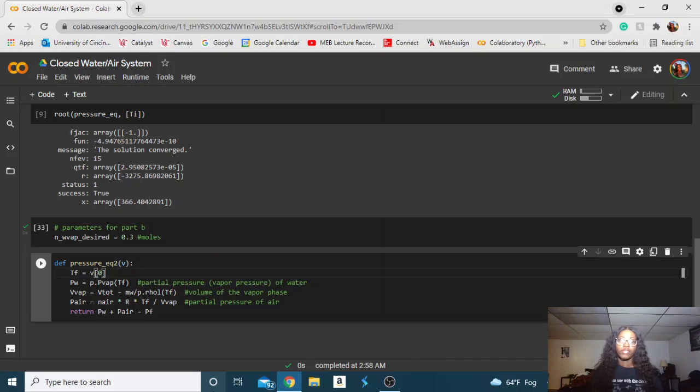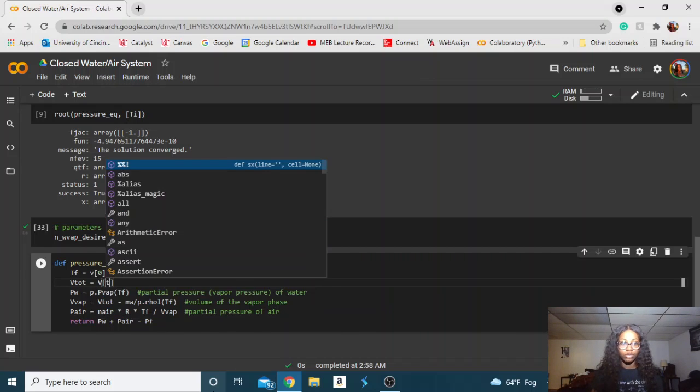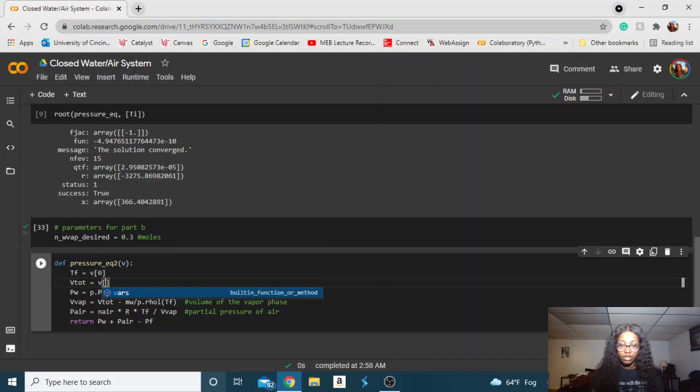We'll keep the name for the vector the same, but one thing that we want to make sure that we do is include our second unknown parameter, which in this case is the total volume of the container. And we're going to set that equal to the second element of our vector. And the reason why it has two elements is because there's two unknown parameters, as opposed to in part A, there was only one unknown parameter, so our vector only had one value in it.